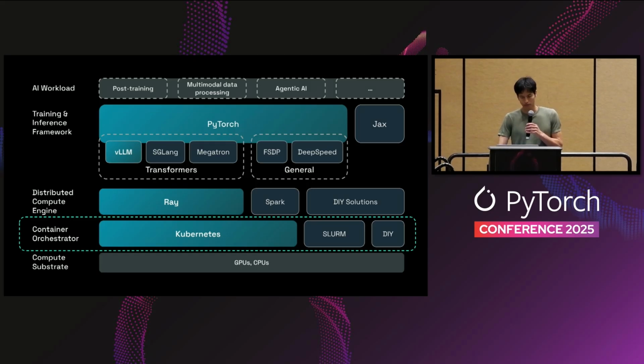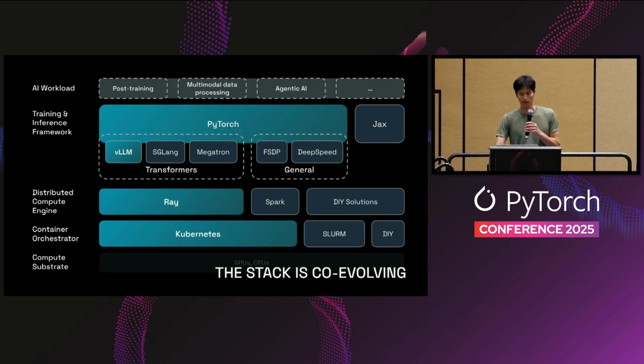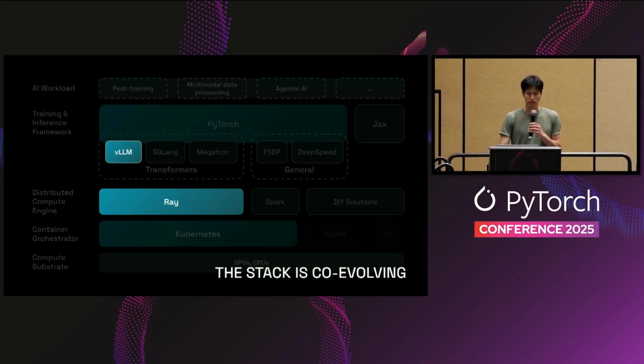And so one thing I want to talk about is that we're actually seeing a tremendous amount of co-evolution of these different layers. I want to give just one example of how these layers, by being aware of each other, can work better together and provide better support for AI workloads. And that is the integration of Ray and vLLM.